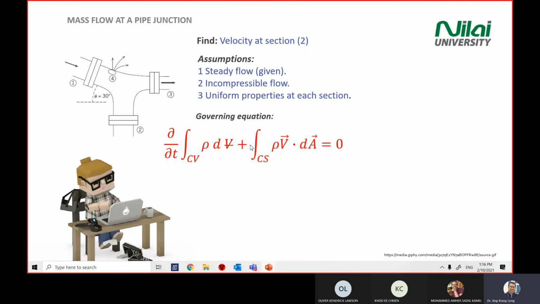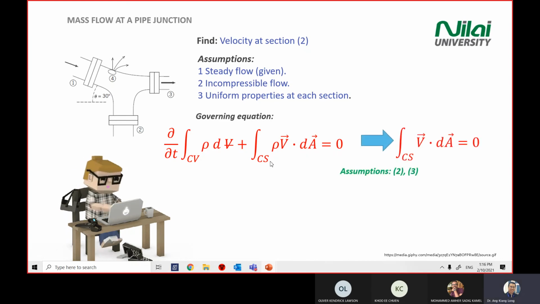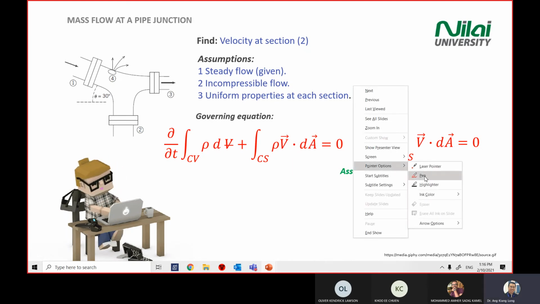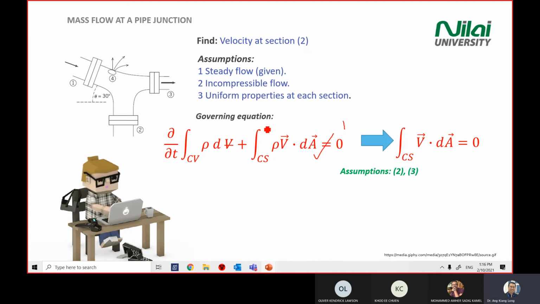Be careful on the second term: don't write the del over del t here, you don't need it because the second term deals with the velocity and area. Because of steady and incompressible flow, in the exam you write this and you get 1 mark. Then you factor out the rho. You write incompressible.